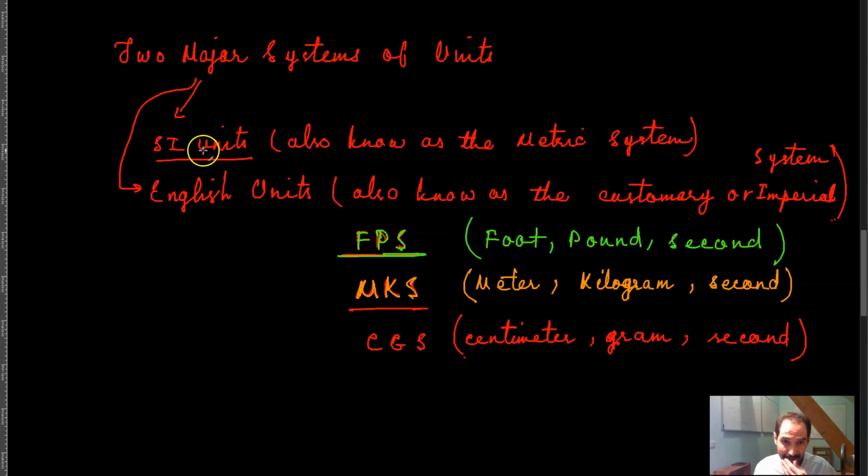Now in the SI system, the unit for length is meter, the unit for mass is kilogram, and the unit for time is second. Meter, kilogram, second. I think this is the metric system, if I'm not mistaken.